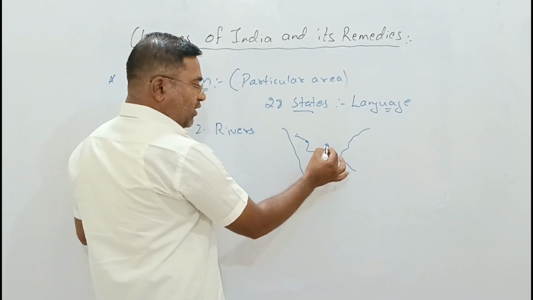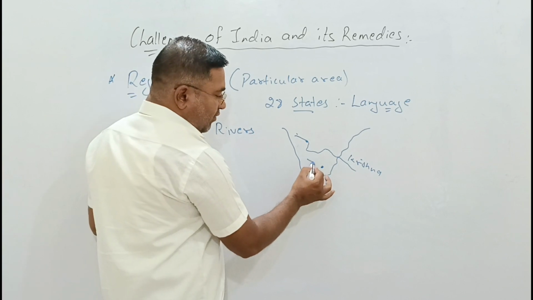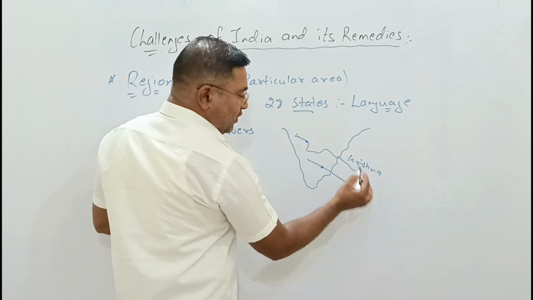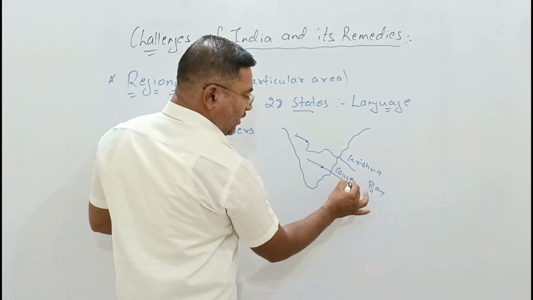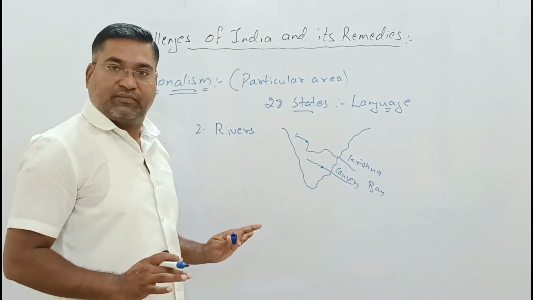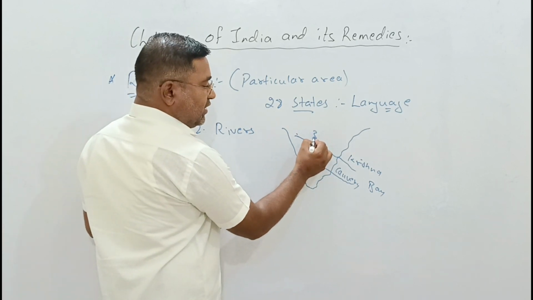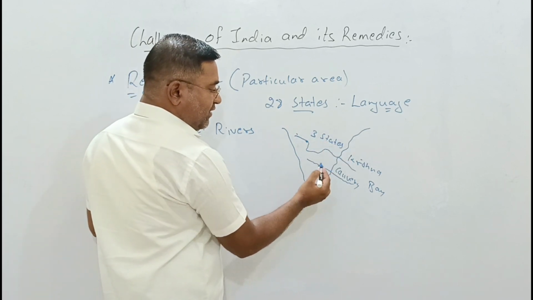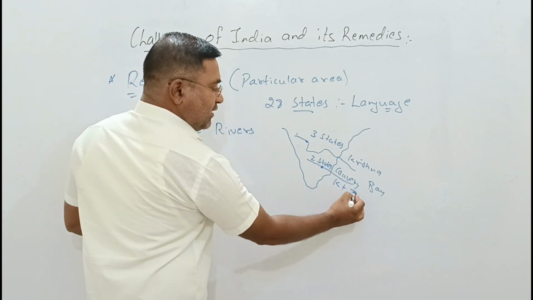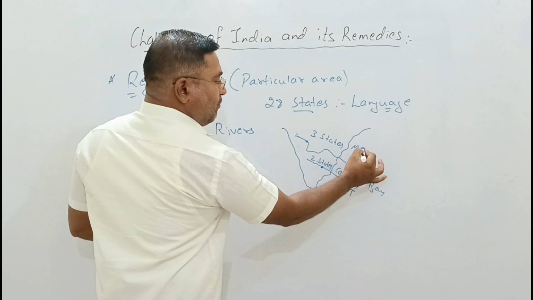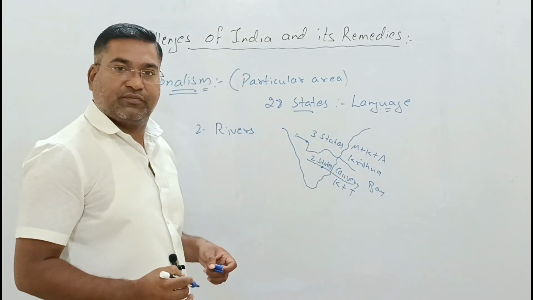In the same way, the Kaveri flows from Karnataka to Tamil Nadu to the Bay of Bengal. So River Krishna comprises three states, whereas River Kaveri is of two states.